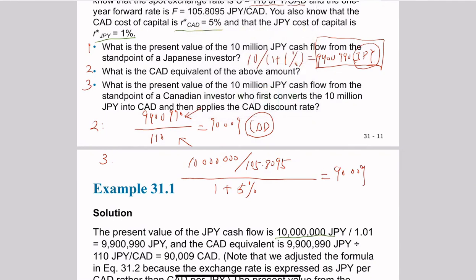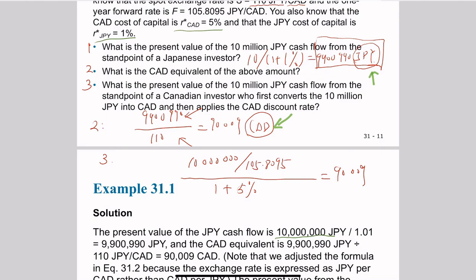So if you look at this problem, it's exactly what we discussed in this chapter. That is, you have two ways to calculate the present value of a foreign project. So in question 1, what you're doing is you're calculating the present value of the project in JPY, in foreign currency. And then you will use the spot exchange rate to convert the present value in foreign currency into present value in domestic currency.